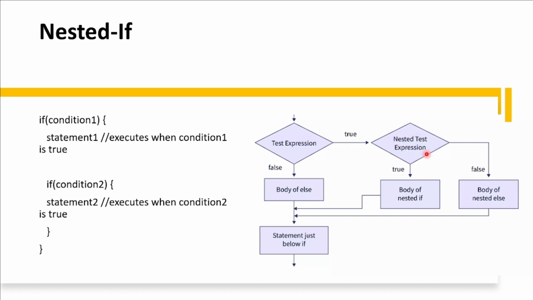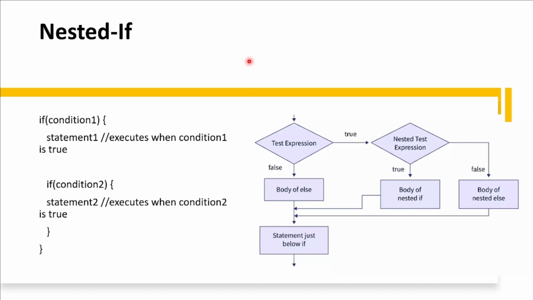If the first condition is true and the nested if condition is true, then it will execute the body of the nested if. If it is false, then it will execute the body of the nested else. And if the first condition provided of the if block is false, then it will execute the body of the else condition, and then the further code will be executed.